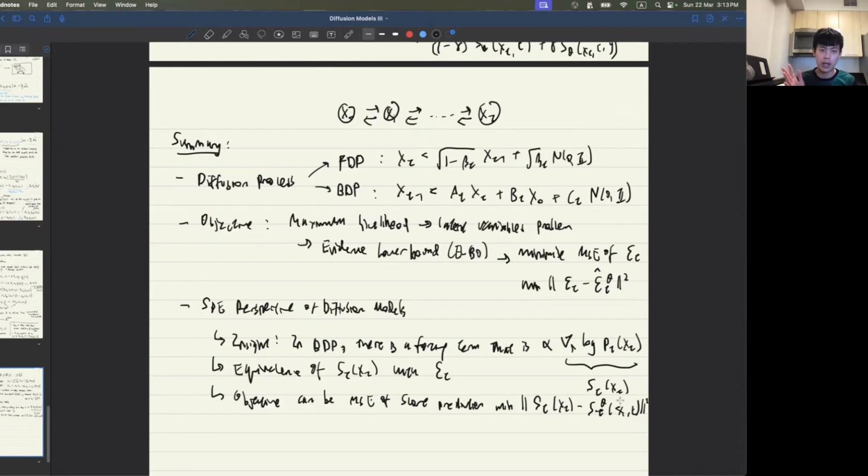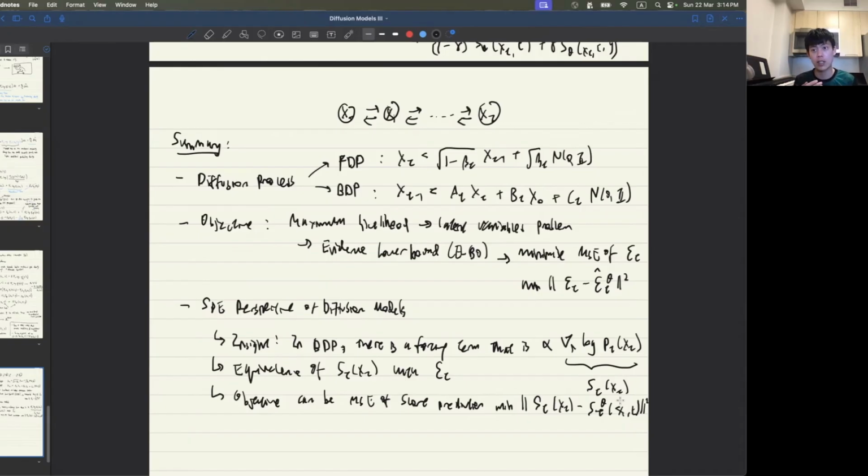On the other hand, in the Markov chain world, we want to maximize the log likelihood, but we can't do that, so we maximize the evidence lower bound instead. And it turns out that maximizing the evidence lower bound turned into minimizing the MSE of the cumulative error terms. And these two objectives are really equivalent because they differ by only a constant, which depends on the variance schedule.